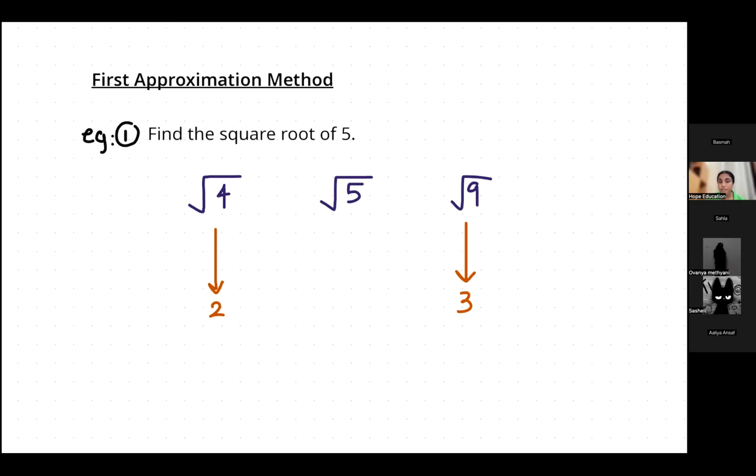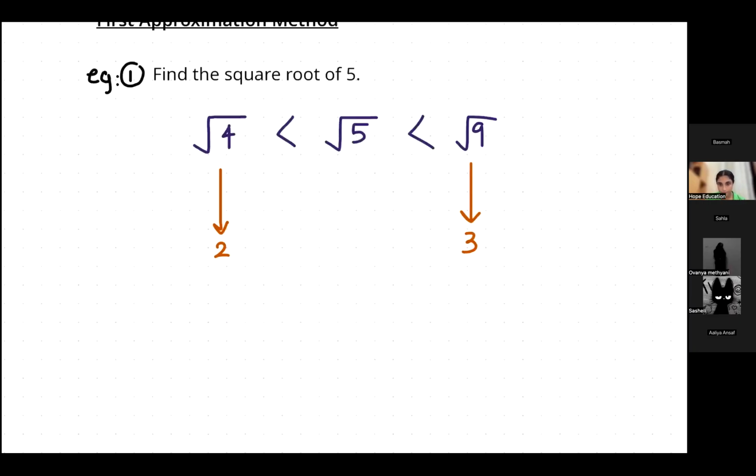We don't know the square root of 5, but we know the square root of 4, which is 2. And we know the square root of 9, which is 3. So 5 is greater than 4 but less than 9. If the square root of 4 is 2 and the square root of 9 is 3, the square root of 5 should be between 2 and 3.